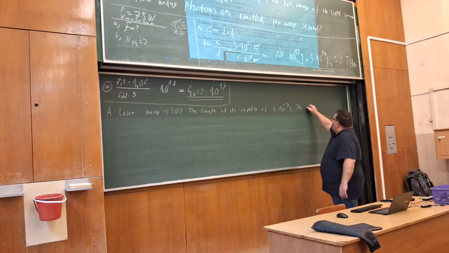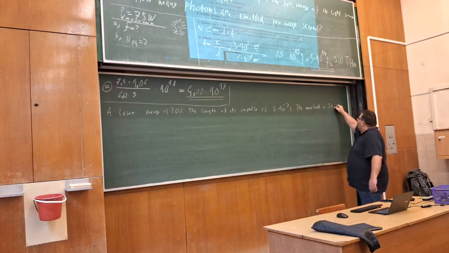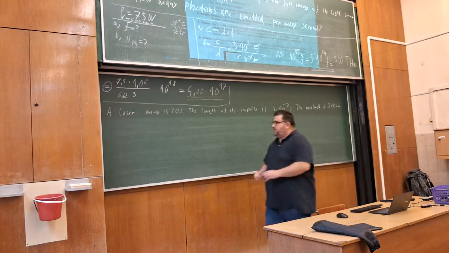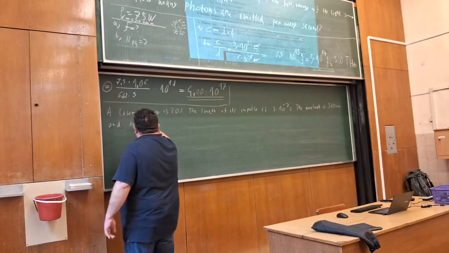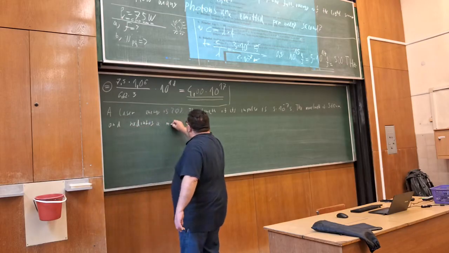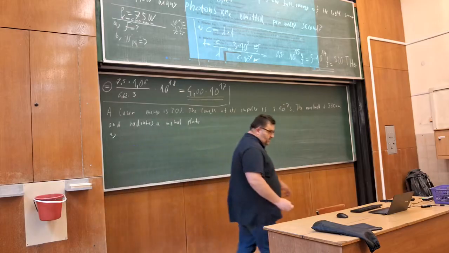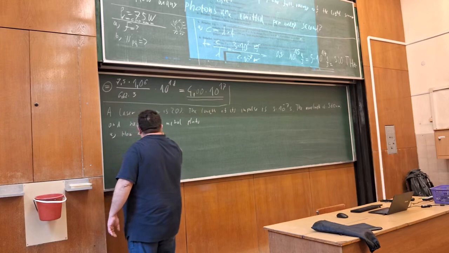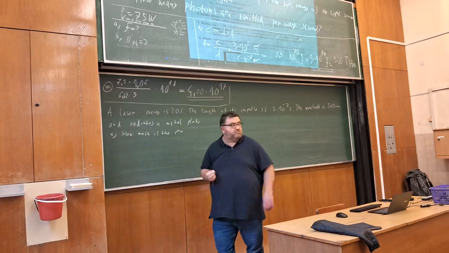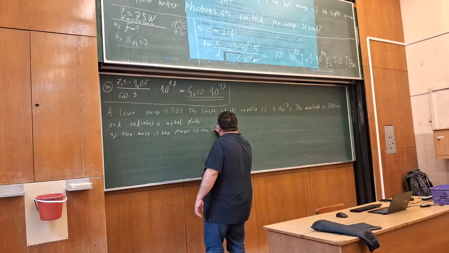The wavelength is 580 nanometers. And it radiates a metal. How much is the power of the laser?